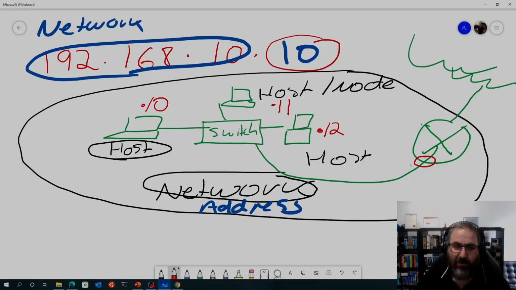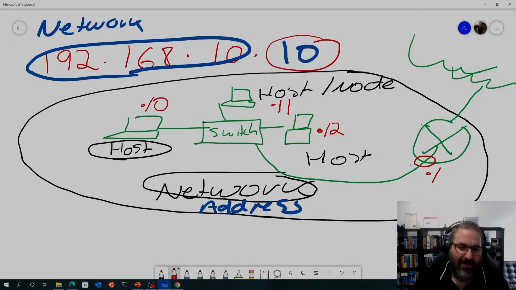A router will have multiple host addresses, but if we keep this simple for now, the host address on this interface is .1.